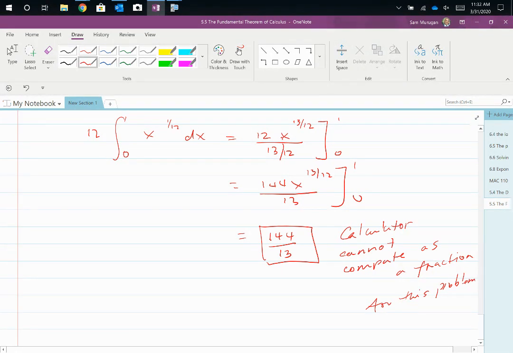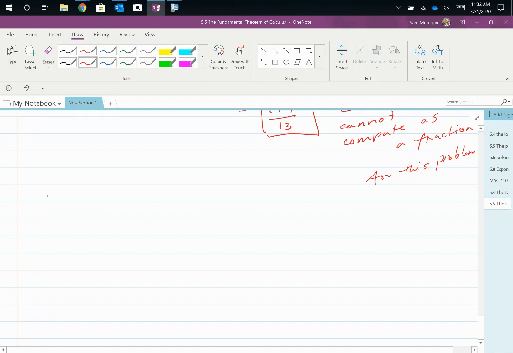All right, moving right along. Number 11, 1 and 0, 7x times x squared minus 1 to the 14th power dx. So this is the u substitution here. If we take u is equal to x squared minus 1, u prime is equal to 2x.